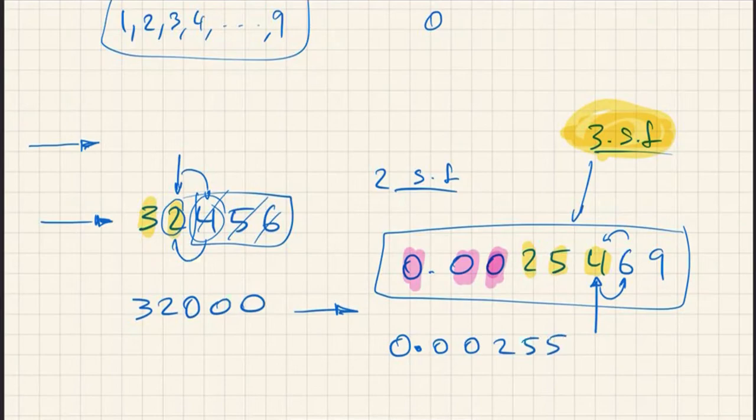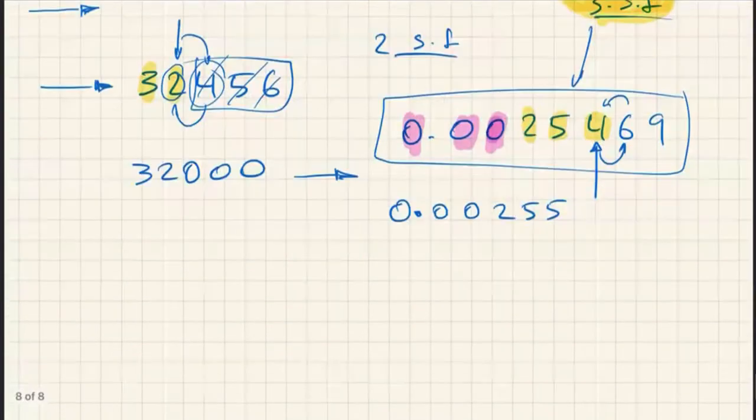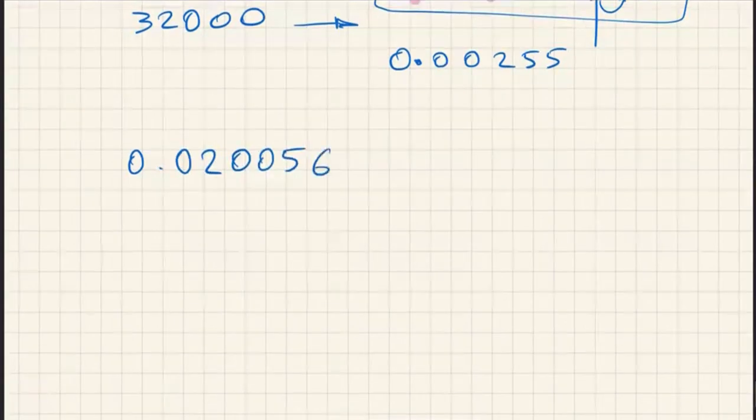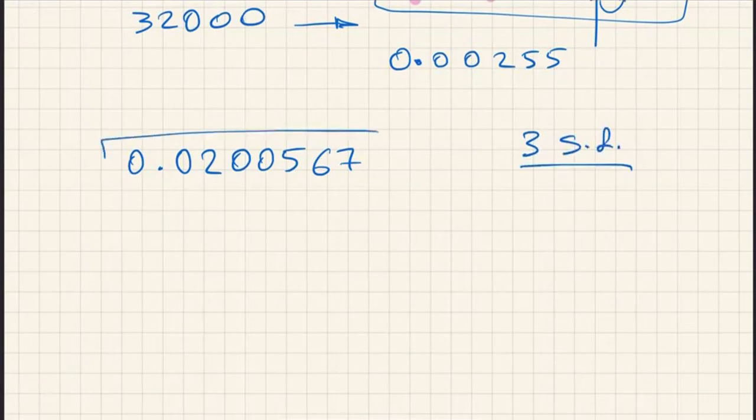Okay, one more. Suppose that I have 0.0200567. I want this rounded to 3 significant figures. Anybody can try this? Rounded to 3 significant figures.